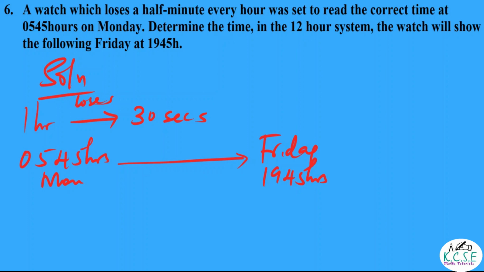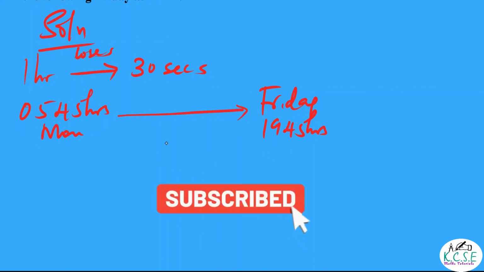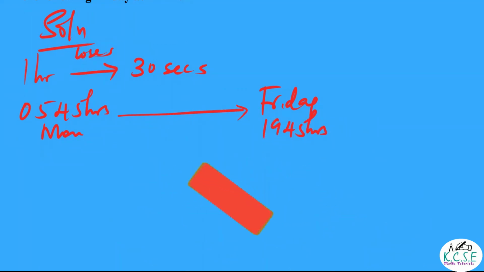So we need to get the total time. If you calculate from Monday 05:45 hours to Friday 19:45 hours, this will be a total of 110 hours.